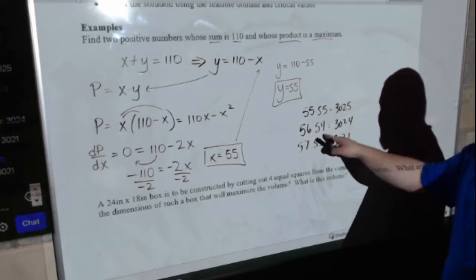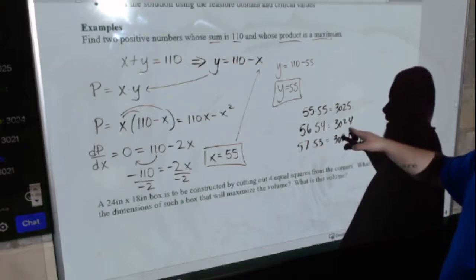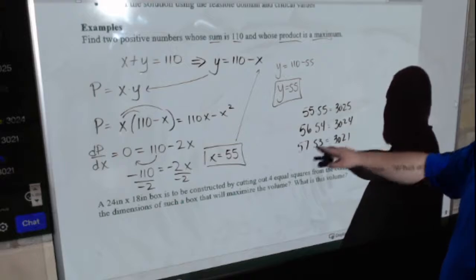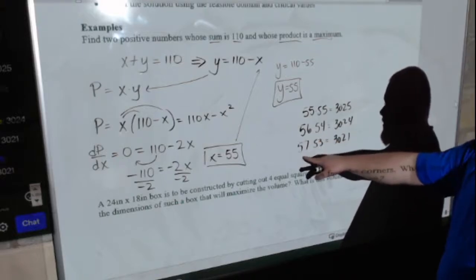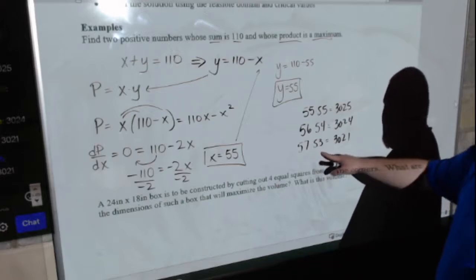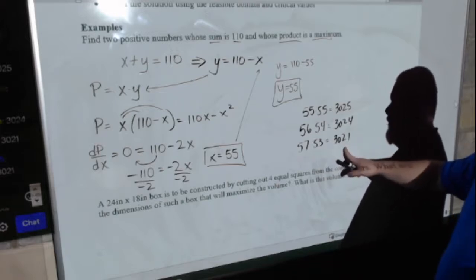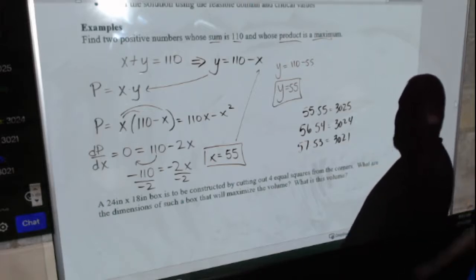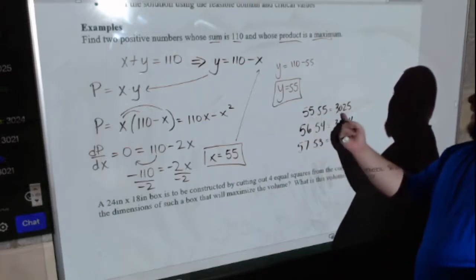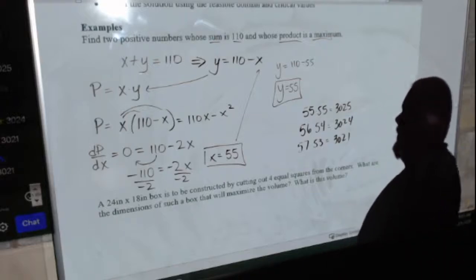Still adding to 110, my product's slightly smaller. And then taking another one away and adding it to the other, still a sum of 110, product's even smaller. So we found the two numbers who add to 110 and have the largest product.